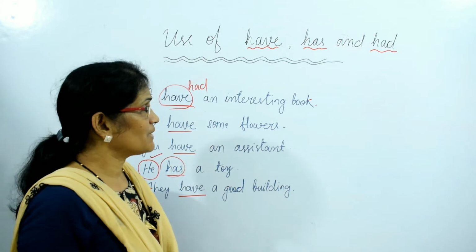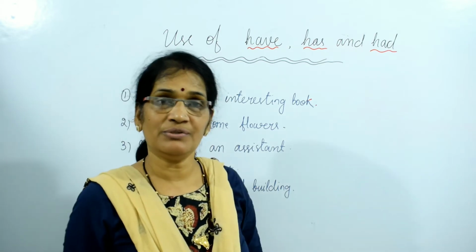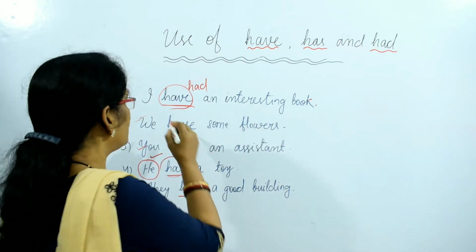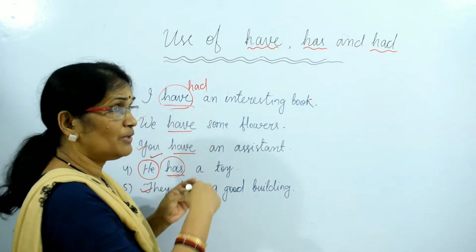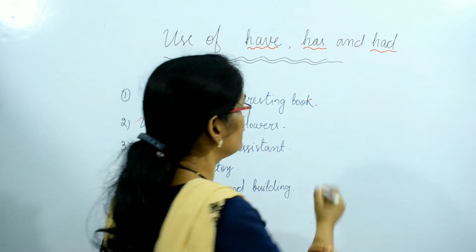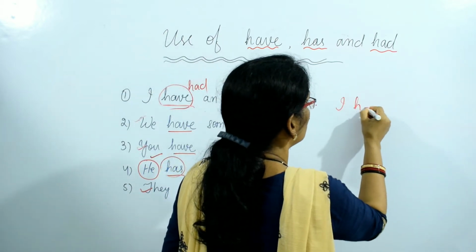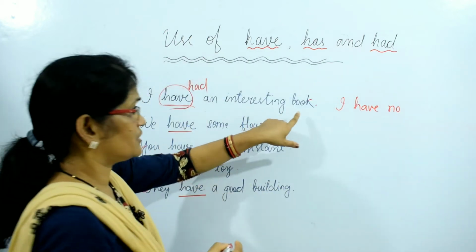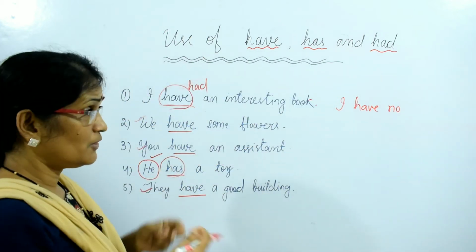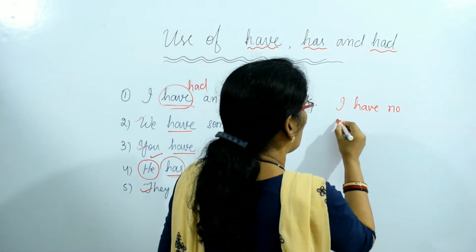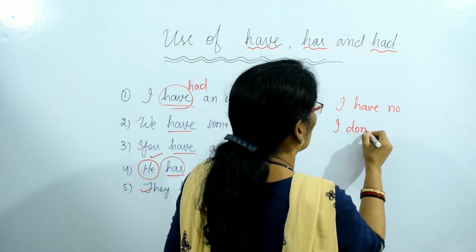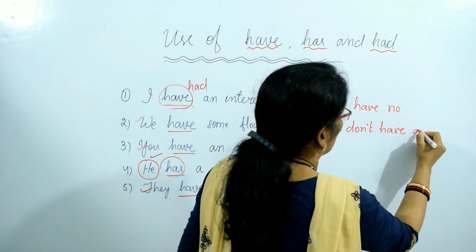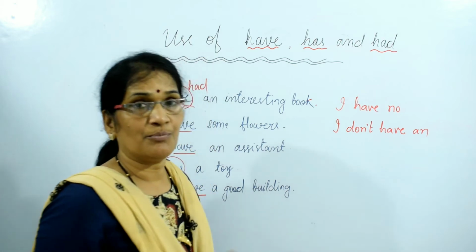Now let's see how to change the sentences into negative. I have one interesting book. Here have is the main verb. When you change the sentence into negative, I have no uninteresting book. Otherwise we can write, I don't have an interesting book.